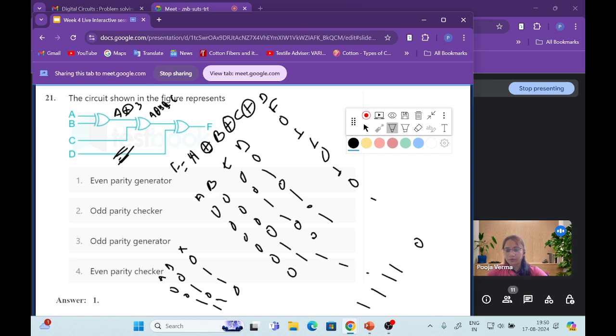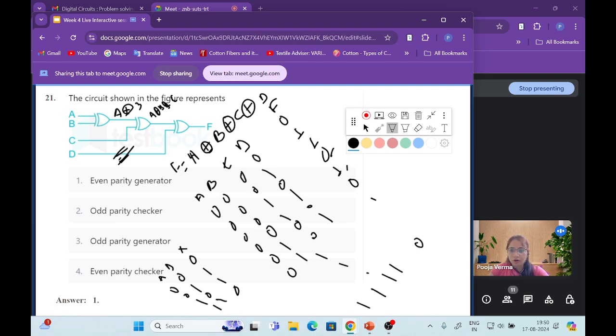So from this table we can say that when the ones are even, then the output will be 0. When the ones are odd, then the output will be 1. So for an even parity generator, the output is 0 when there is an even number of ones. That is the definition.